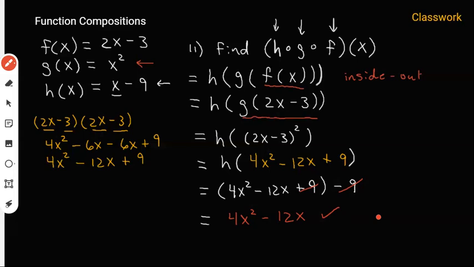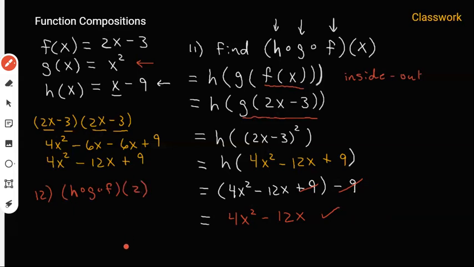And now what I want to do is use that function to figure out number 12. Because number 12 says you want to evaluate that function h of g of f at the x value 2.